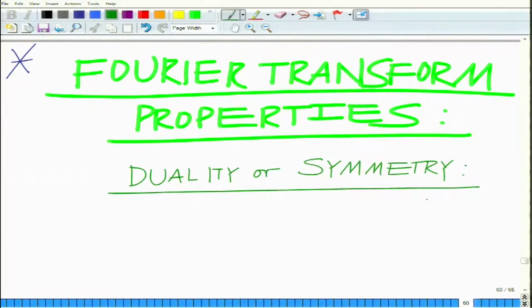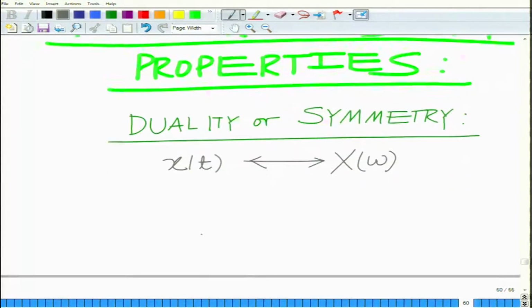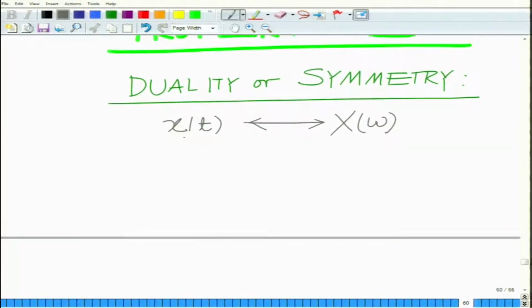And what we mean by this is as follows, that is, if x of t has the Fourier transform X of omega. Okay. Now, what can we say about the Fourier transform of the signal capital X of t?